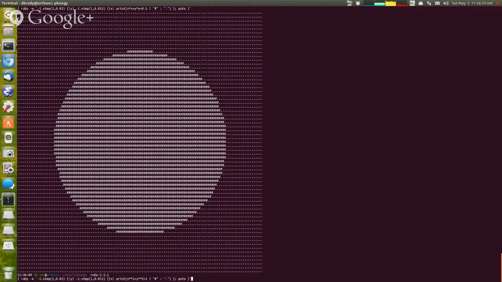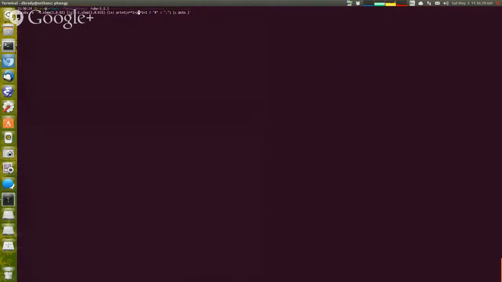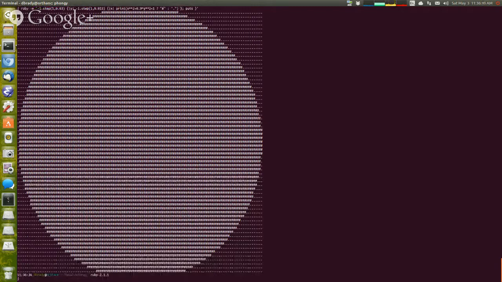Okay. So I've got x squared plus y squared, and this is actually the formula for any ellipse. If I do 0.9 times y, you can see that the circle is now starting to stretch off the top and the bottom. It's actually kind of hard to see.